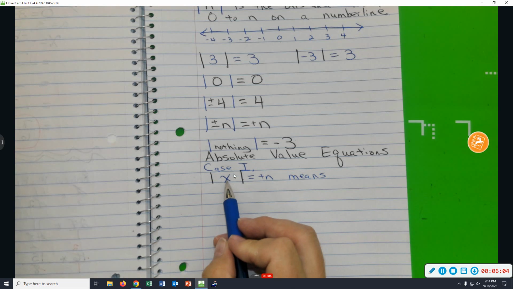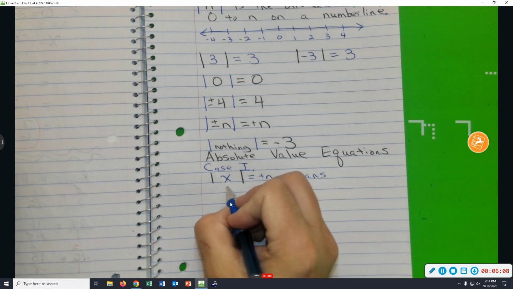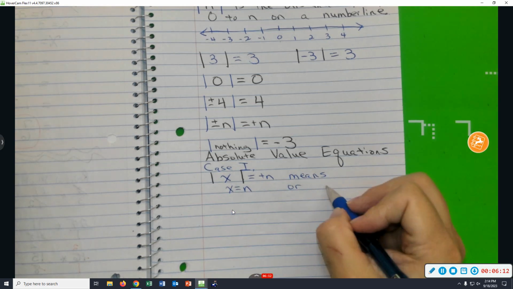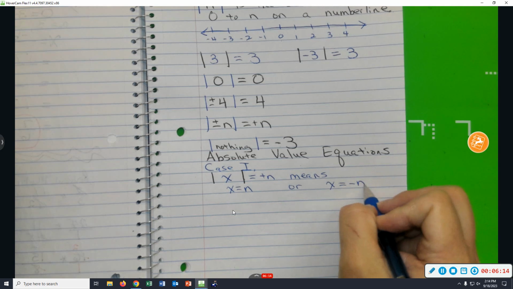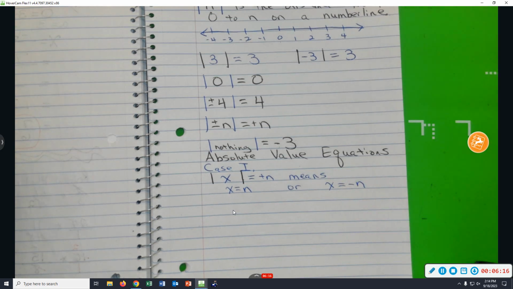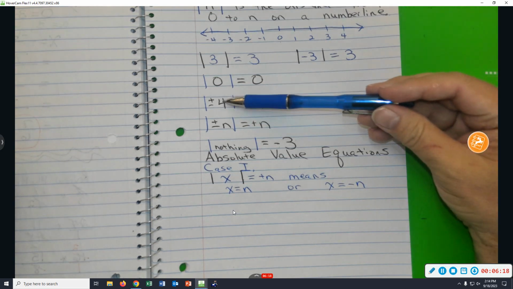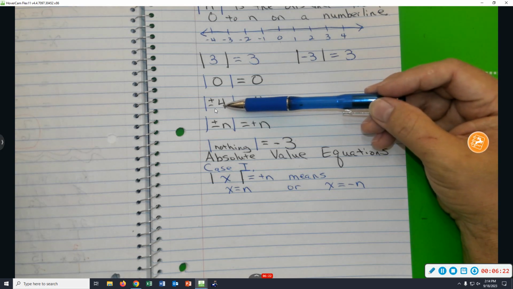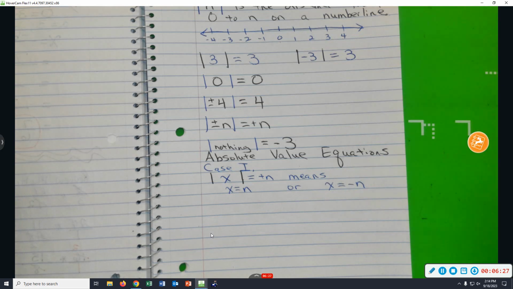Either the stuff inside the absolute value bars is equal to the positive of n, or the stuff inside there is equal to negative n. What can I take the absolute value of and get 4? Well, we said right here it would be positive 4 or negative 4. And this case 1 is the most common situation we'll see with regard to absolute value equations.